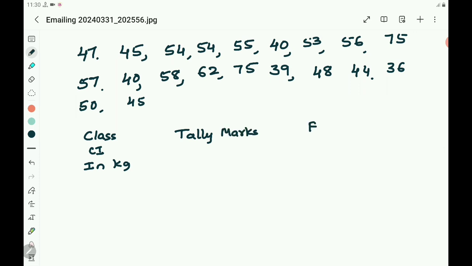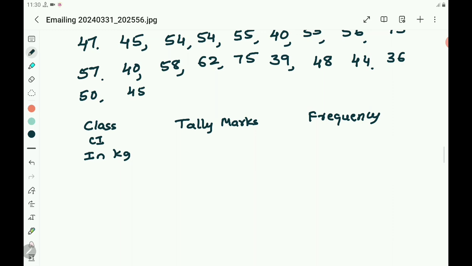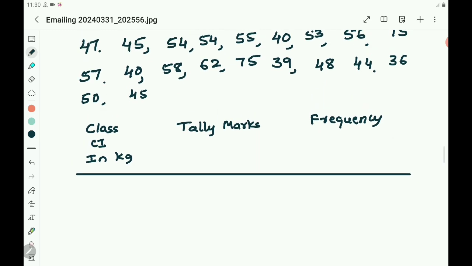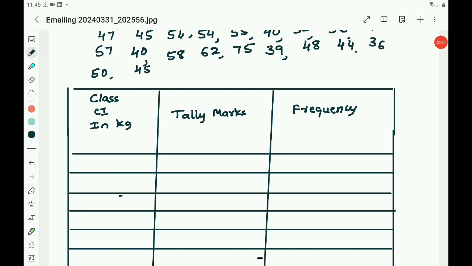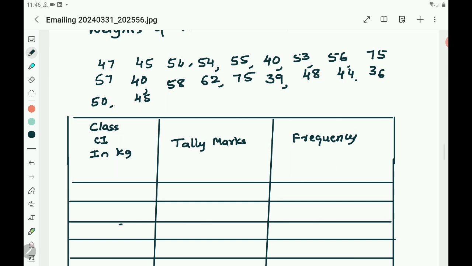Then the third column is for frequency. So let us draw the table as shown in the figure and according to minimum and maximum. Here the minimum is 39 and the maximum is 75.